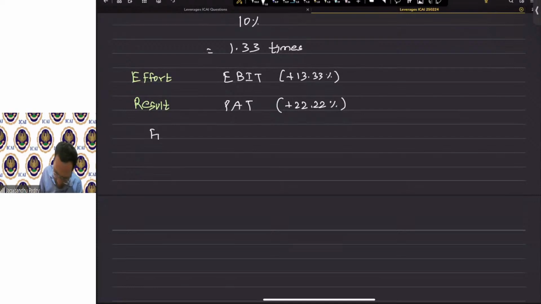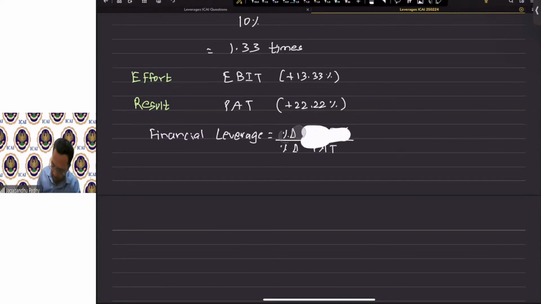So we can say this is financial leverage. Financial leverage is the percentage change in profit after tax upon the percentage change in EBIT.